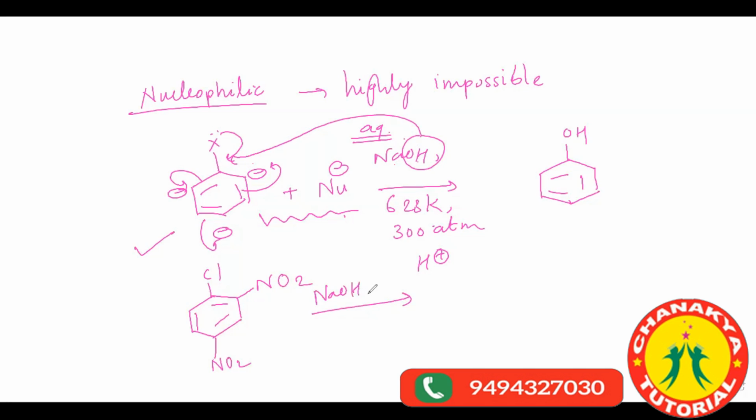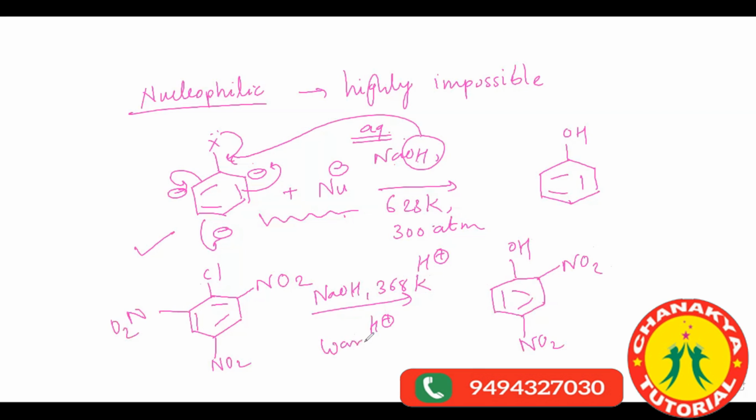Correct? NaOH, 368 Kelvin. If you do the protonation for this, you will get the product. Only the chlorine will be replaced with OH. The nitro group would be as it is. And with a trinitro group, if three nitro groups are present over here, that time you need not heat it as well.